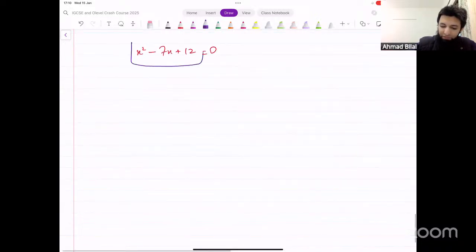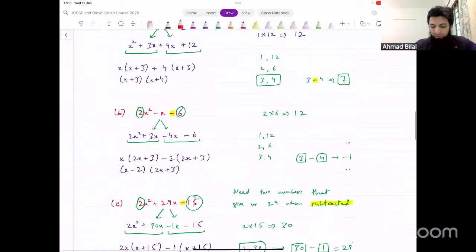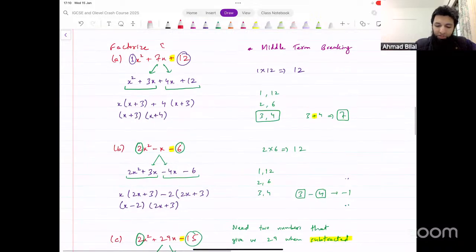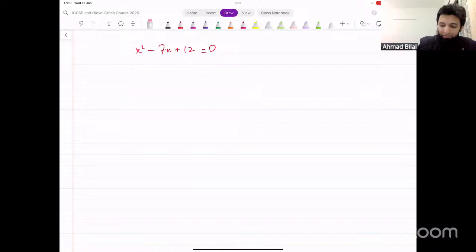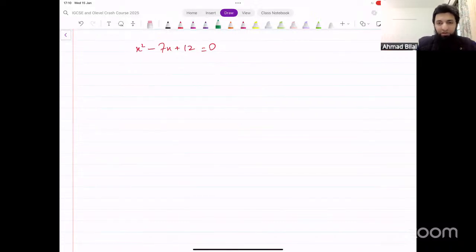In the first few steps, we will be doing the same thing that we did when factorizing expressions like these. So what we do is we factorize the left-hand side. How do you factorize this? These are three terms. We break the middle term and see what we get from that.